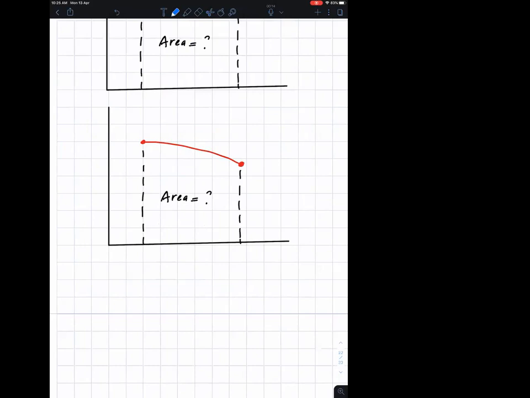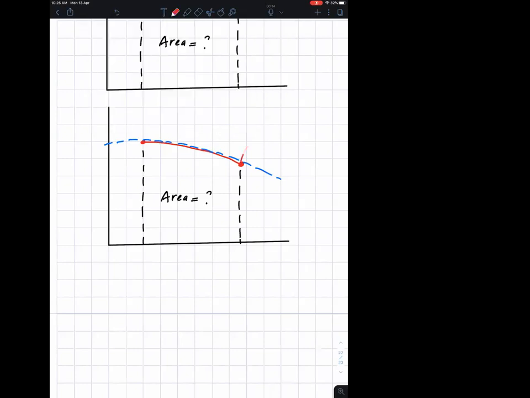Assume this is the original curve. And then you want to find a fit.